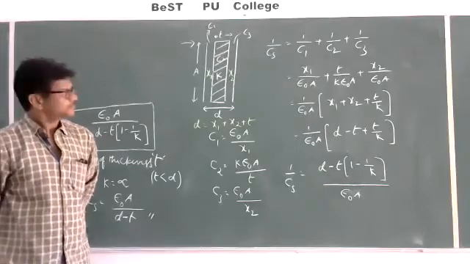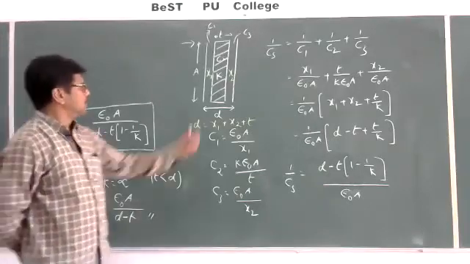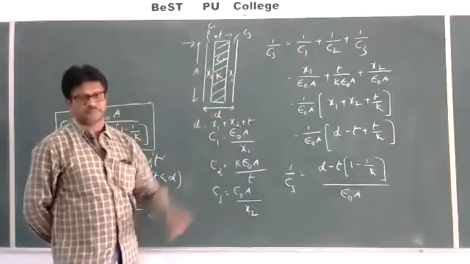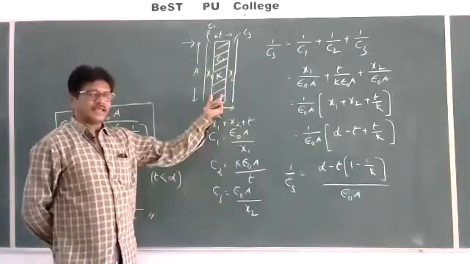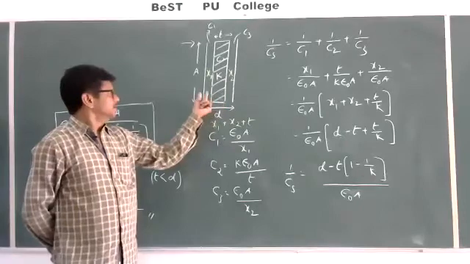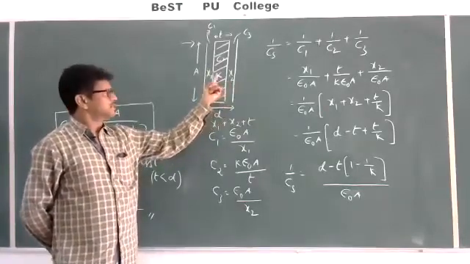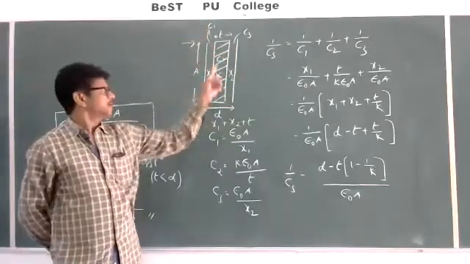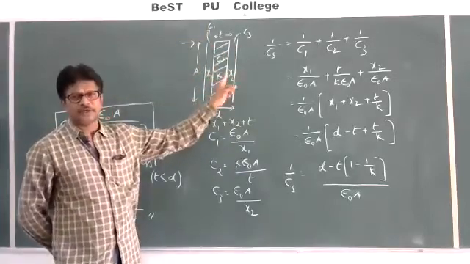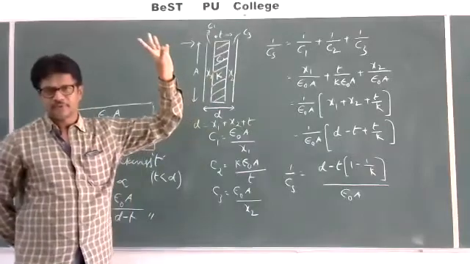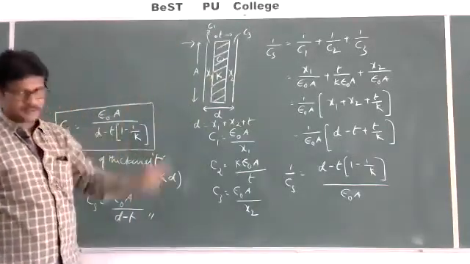So here I took only one dielectric slab of thickness T. Instead of one dielectric slab, if I take many dielectric slabs of thicknesses T1, T2, T3 and so on, having dielectric constants K1, K2, K3 and so on. Note this point.